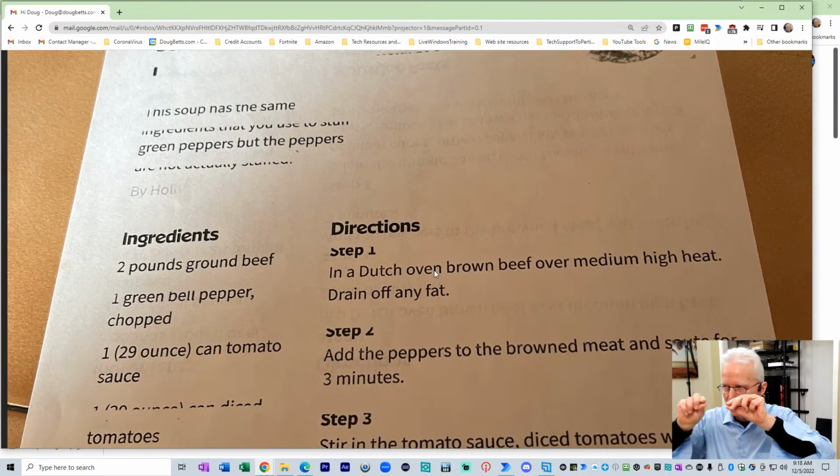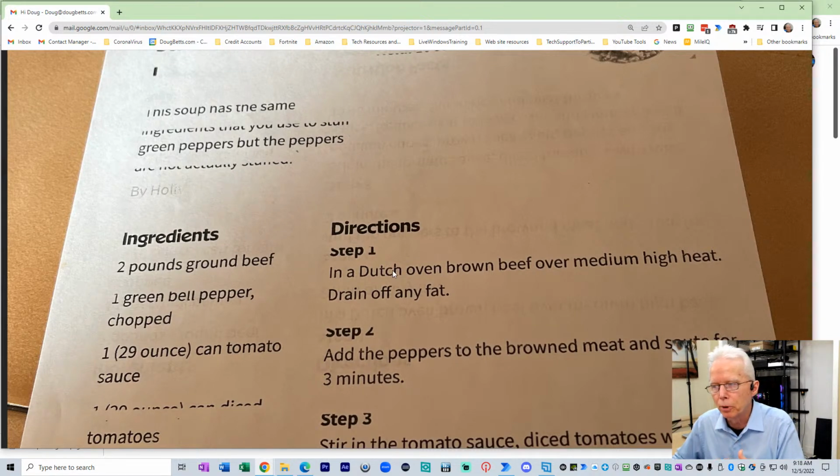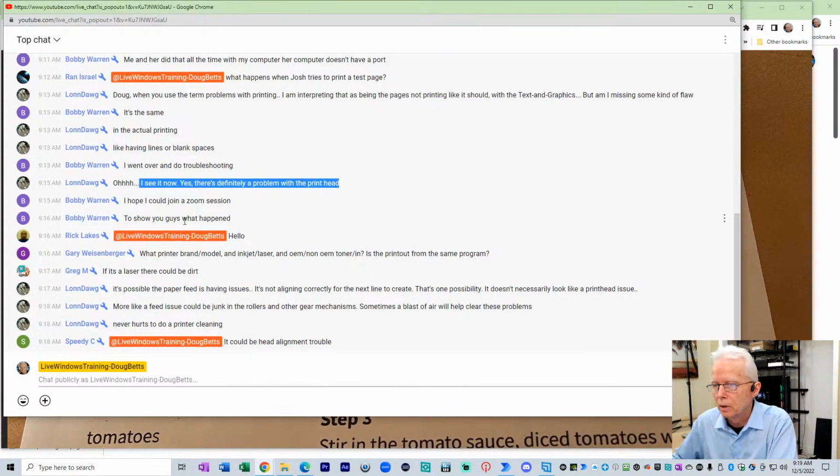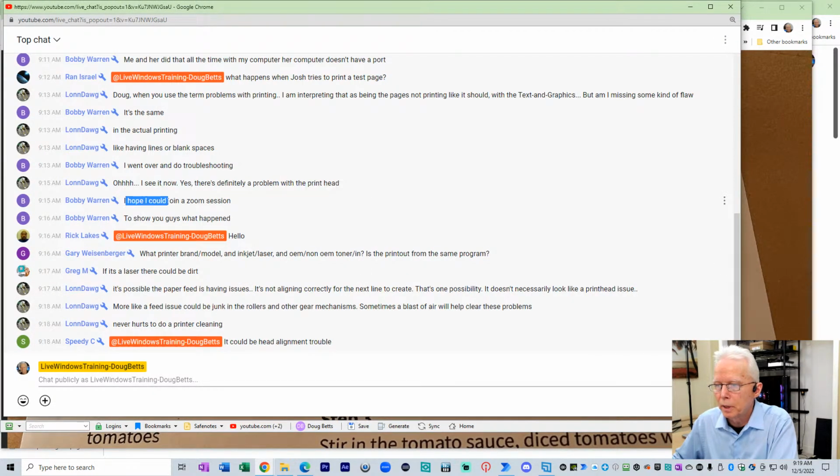It's a bad spot all the way across, because the inkjet print head typically isn't even tall enough to do the capital D in one pass. So if it's a problem with the inkjet print head, I'd expect it to be much more frequent of an occurrence.